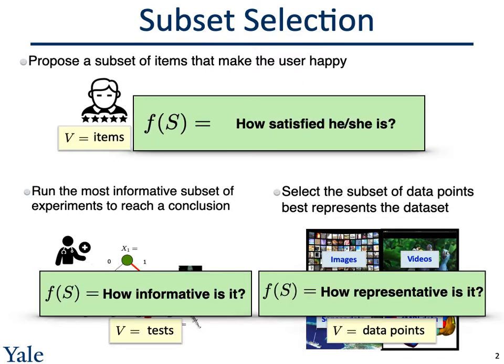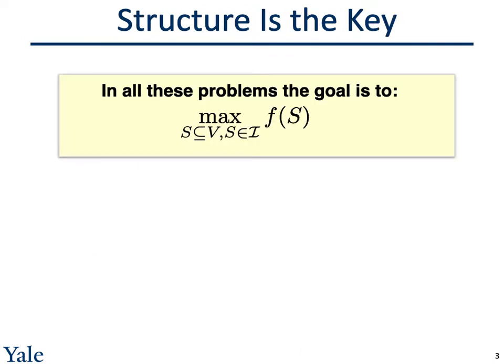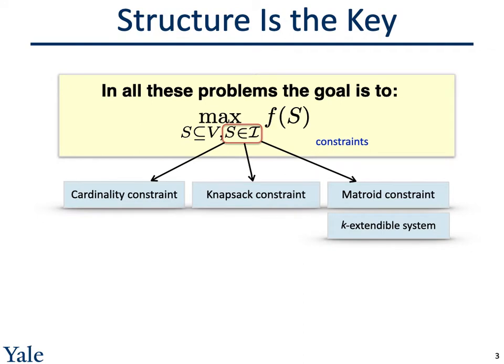In all these examples, we have a ground set of items, tests, and data points, and a utility function that specifies how satisfied the users are, how informative the tests are, or how representative the data points are. In all of these problems, the goal is to maximize the utility while satisfying some natural constraints.